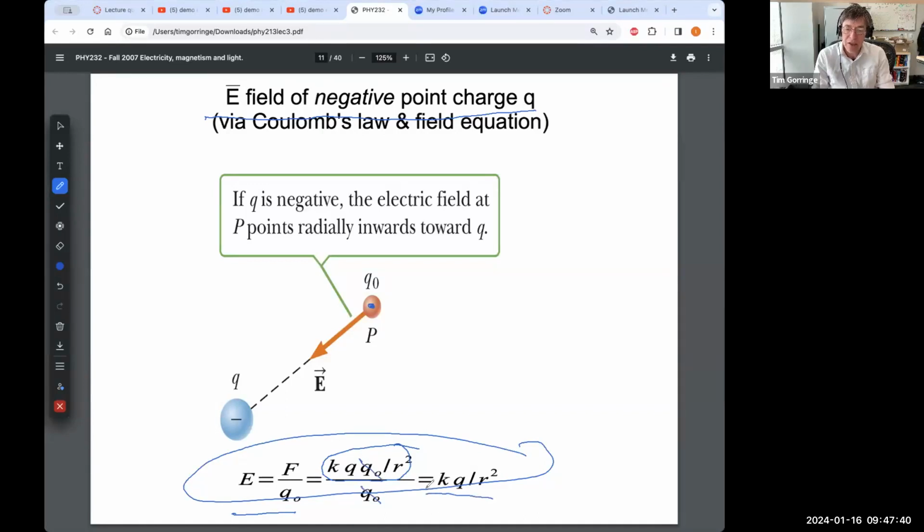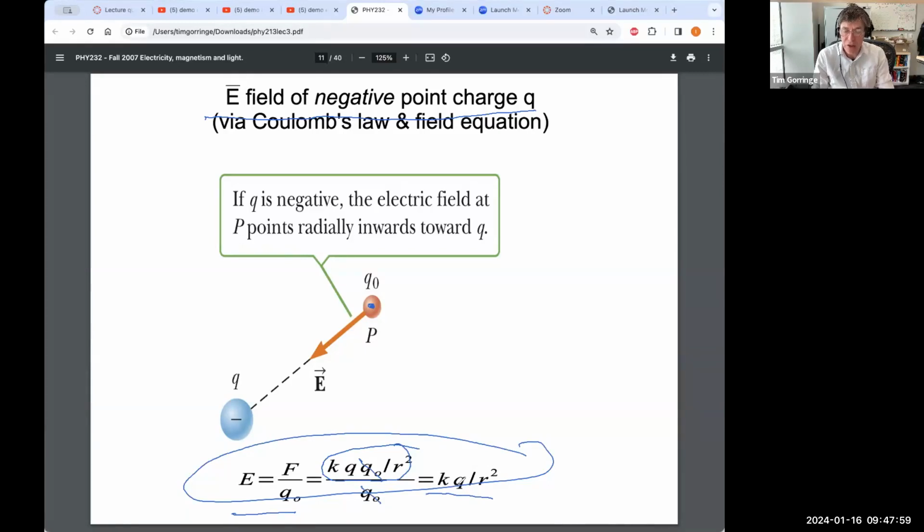And I'm left with an equation for the strength of the electrical field at the location of the test charge, at this distance r from the source charge. So again, this is the field strength of the negative source charge.